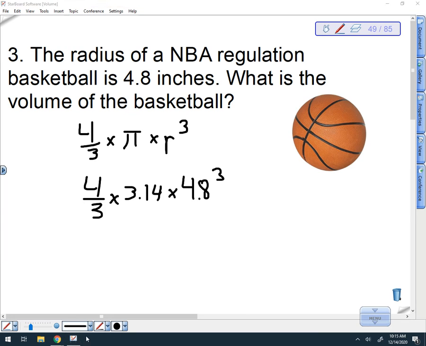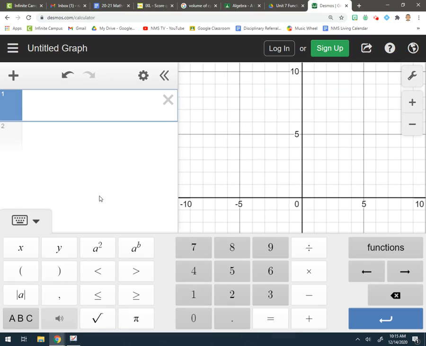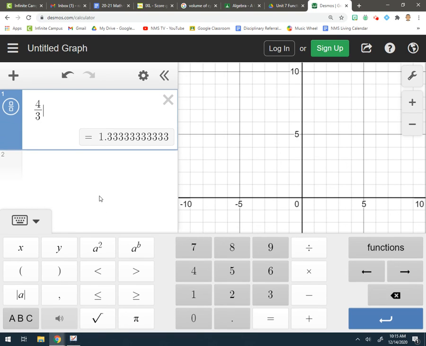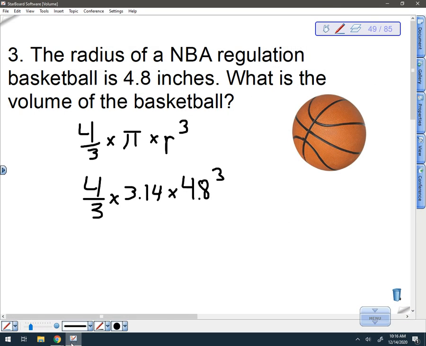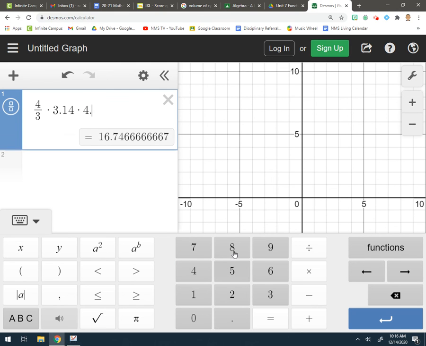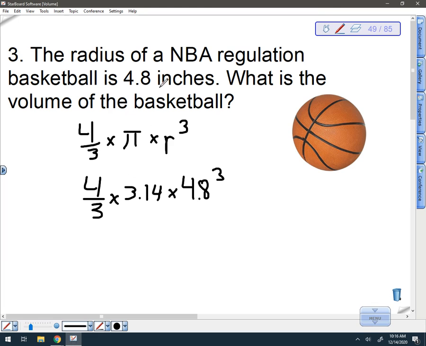So when we go to your calculator and you type that in, you got 4/3 times 3.14 times the radius, which is 4.8 raised to the third power. 463, and then the 1 would tell the 0 to stay the same, so you just leave it 463 inches cubed.